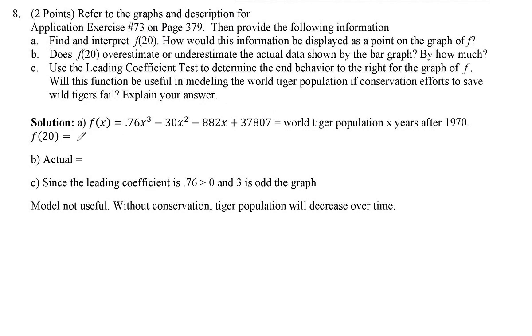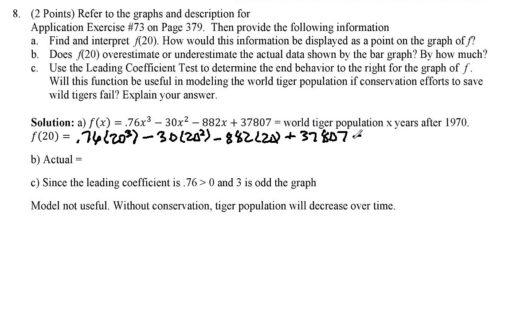So f of 20 is just going to be 0.76 times 20 cubed, and then minus 30 times 20 squared, minus 882 times 20, and then plus 37,807.